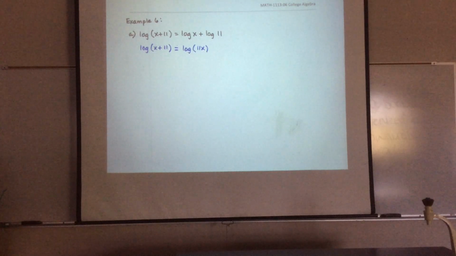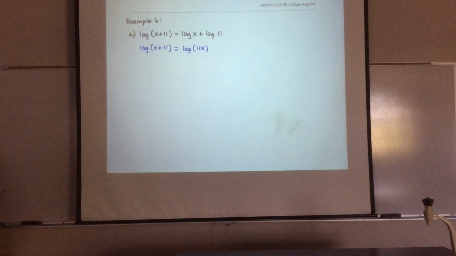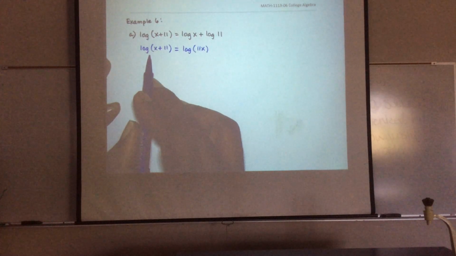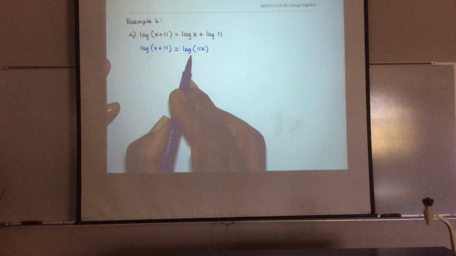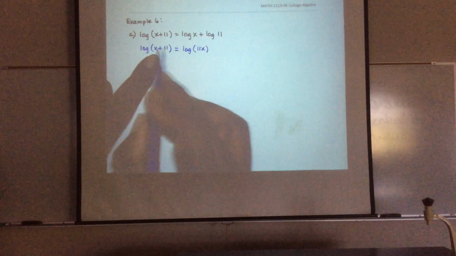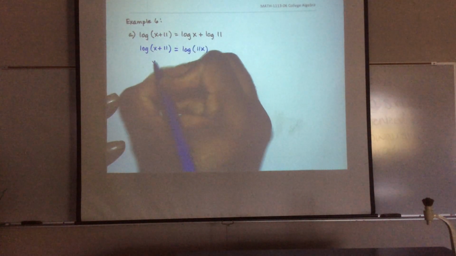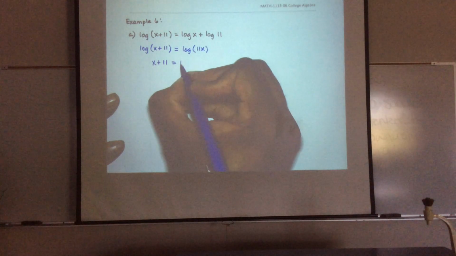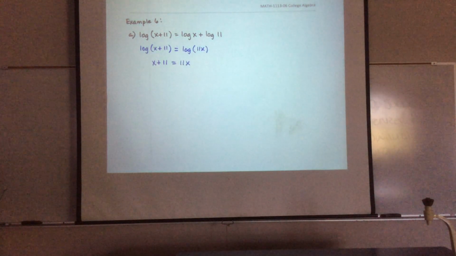Now this is where I can use the one-to-one property, where if I have the log of this understood base 10 and the log of the understood base 10 here, they're both the same on both sides. I can set this expression of x plus 11 to be equal to that expression, 11x.